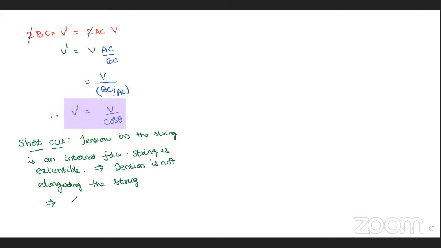That implies S, the displacement, equals 0 by the tension. By a force, if displacement is 0, then the work done by it equals 0. Why? Because work done is equal to force into displacement.